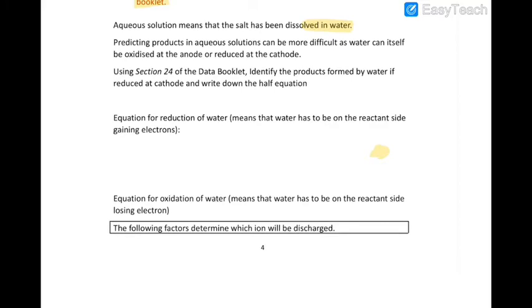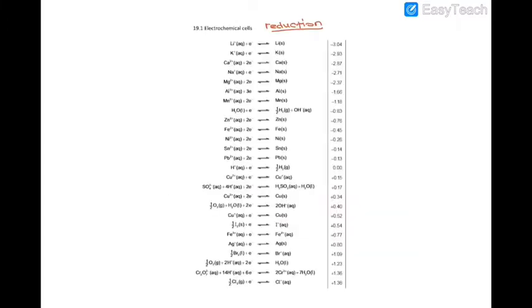Let's see the equations for reduction and oxidation of water. For reduction of water, water has to be on the reactant side and it has to be gaining electrons, in the same orientation as equations from the electrochemical series.